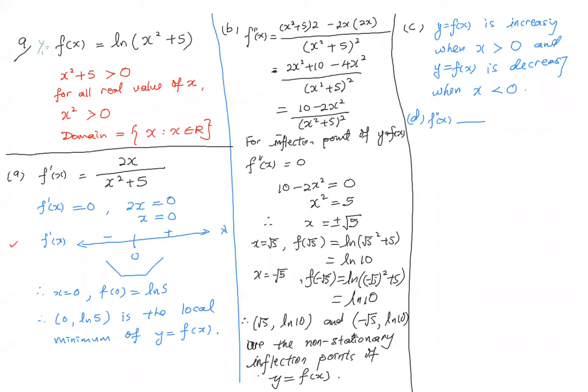So we have 2 points here. One is negative root 5. One is root 5. So you can use your graphic calculator. Root 5 is approximately 2 point something. This is negative 2 point something. This is positive 2 point something. Okay. I don't have to know the exact value.